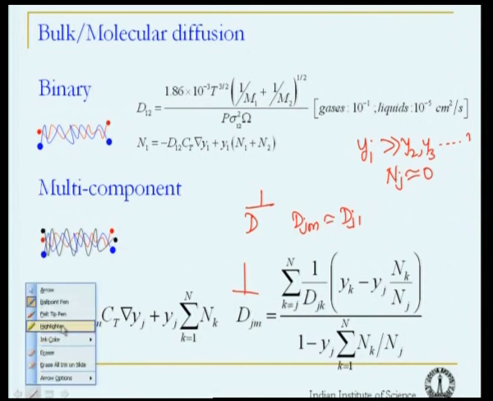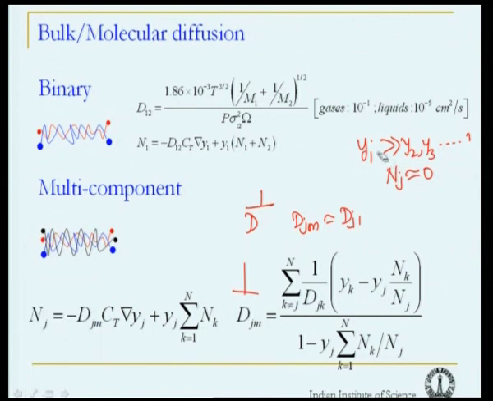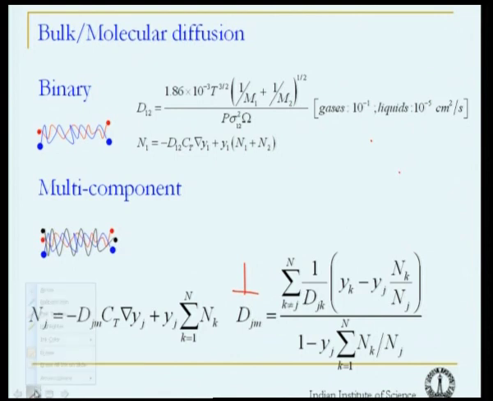Another simplification possible: let us say that all these species are reacting with a certain stoichiometry. So, let us say that our reaction is sum of nu j Aj equal to 0.